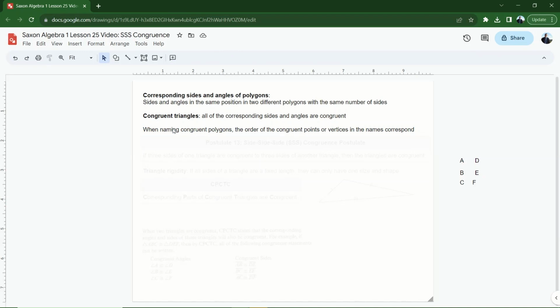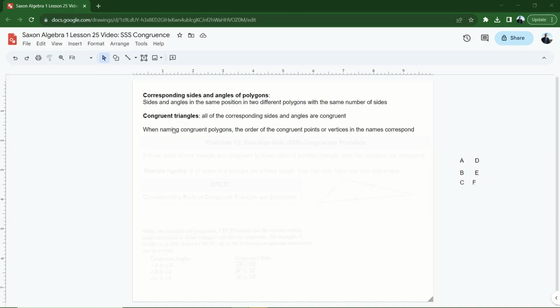And then lastly, I'm just going to make this statement because it's kind of hard. When we're naming some polygons, especially triangles, we only have a couple of angles for reference to identify which angles match up to which other angles in the other triangle as corresponding. But it's really important that you take the time to think this through and to do this correctly. When naming congruent polygons, you need to name them so that the congruent points and vertices are in the same order.